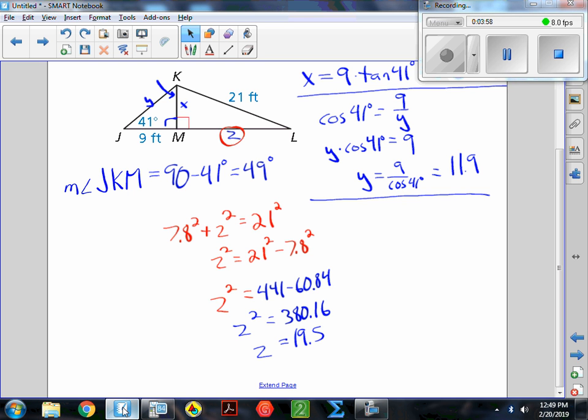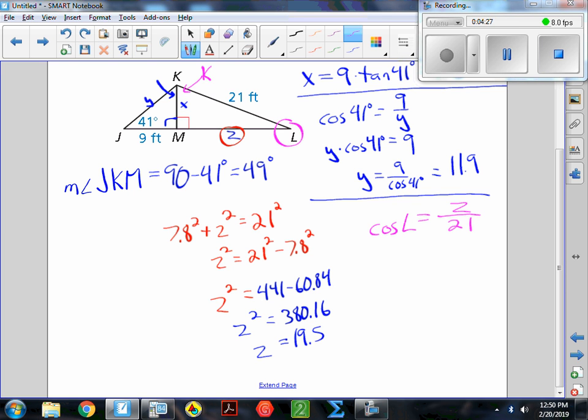Then I still want to find angle L, and I am going to call this angle K. And I can use inverse sine, inverse cosine, or inverse tangent to do that. Everything's rounded at this point, so it doesn't really matter. Cosine of L is equal to Z over 21, the adjacent over the hypotenuse.